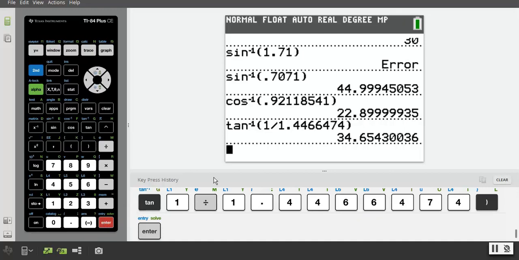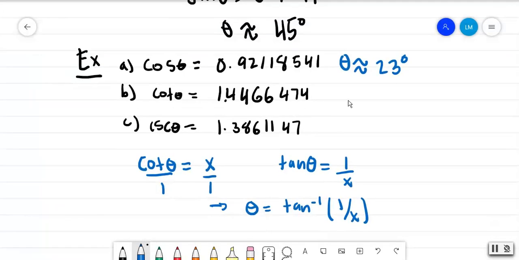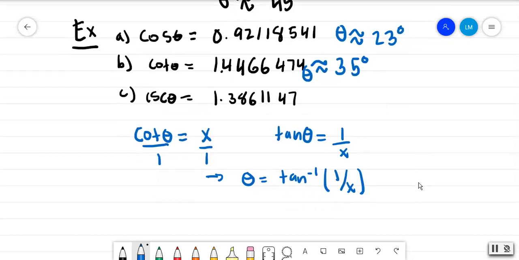Okay, so if we round to the nearest degree again, we get 35 degrees. So this will give us that this is approximately 35 degrees, and really I should put theta. That theta is approximately 35 degrees.